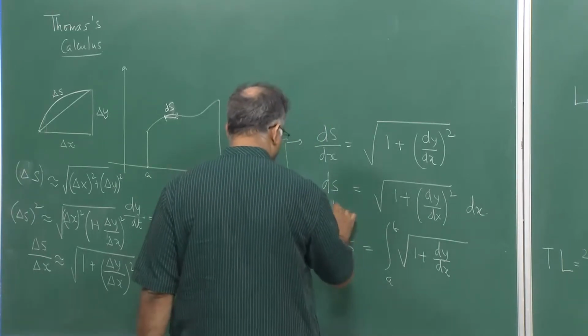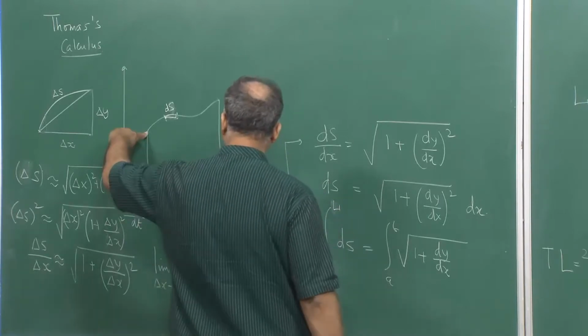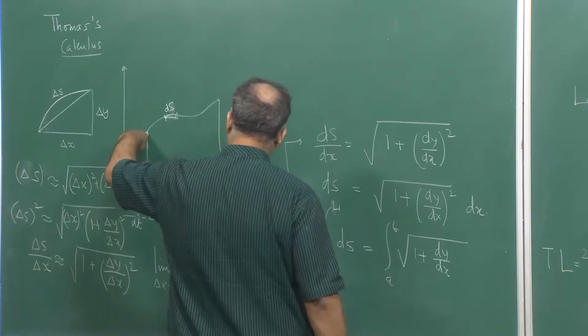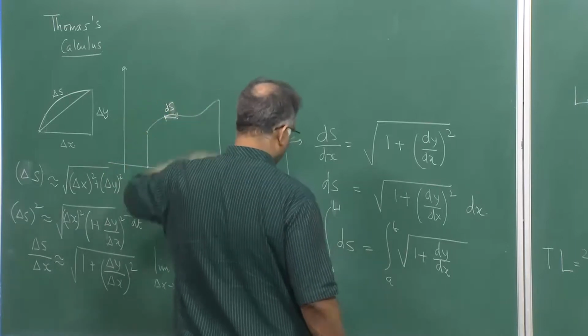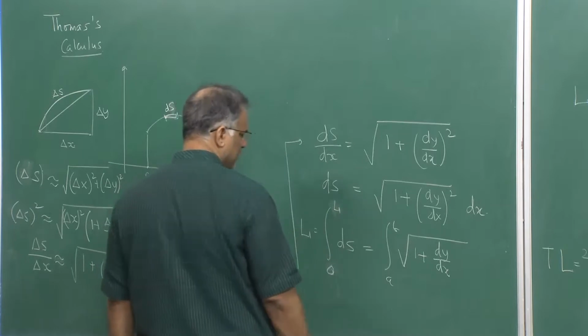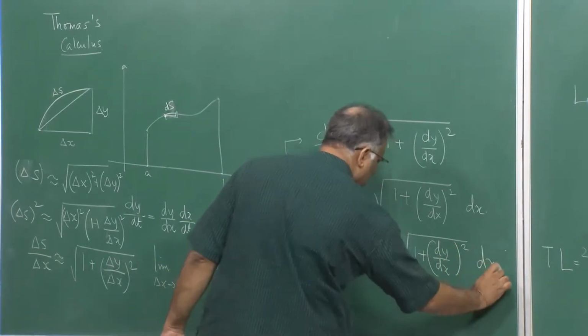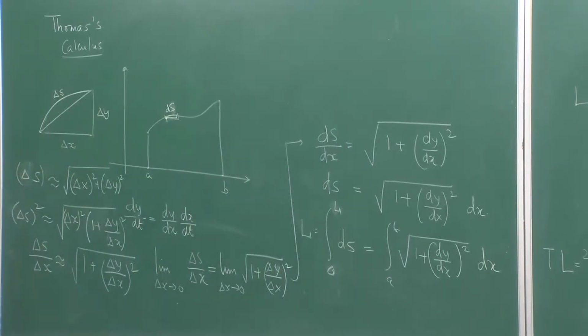It is not a to b, because when x is a, the starting length is 0, and when x is b I have covered the total length 0 to L. So, L is the integral of root over 1 plus (dy by dx) whole square dx. So, this is how you compute the length, and that is exactly what we have done using the other ideas.